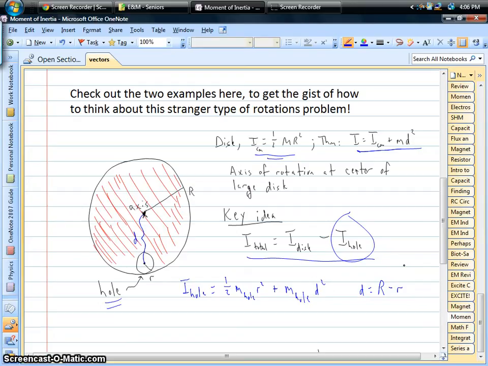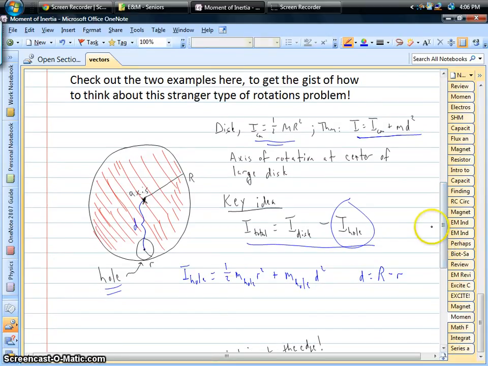But now, how do you find the mass of the hole? I mean, what's the missing mass? Well, I'm going to take the mass of the total disk, and the hole is just some fraction of the total mass that is missing. And what fraction can we use?